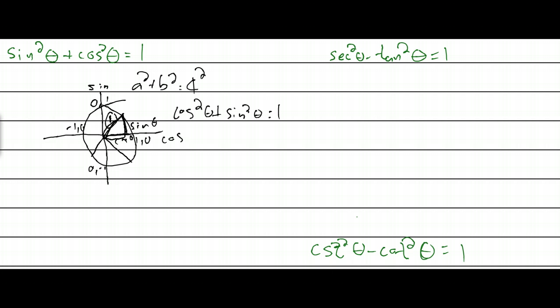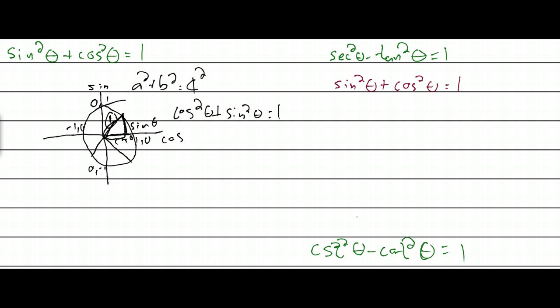So now for this one. From this equation, sine squared theta plus cosine squared theta is equal to 1, you can derive both of these equations. The only thing now is you have to either divide by sine squared or divide by cosine squared.